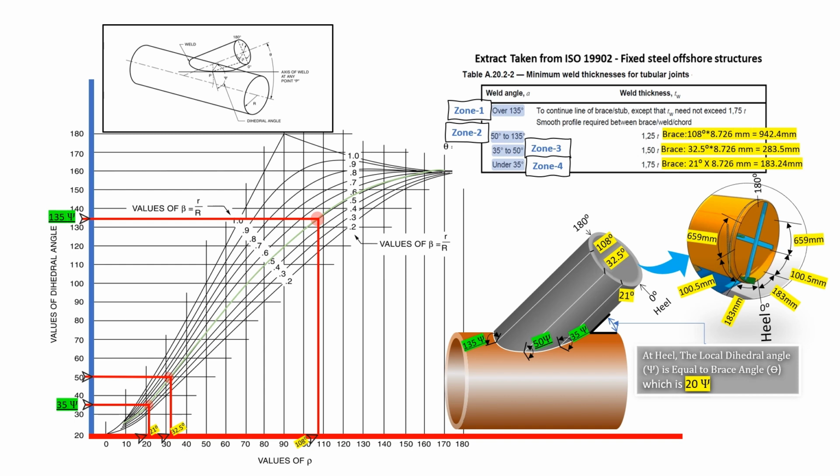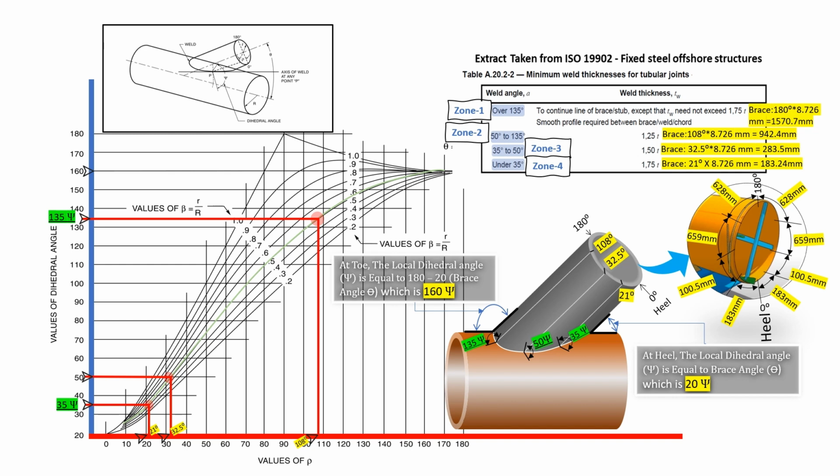Zone 1: from 135 degrees and over, it falls under zone 1. We know that at the toe the local dihedral angle is equal to 180 minus the brace angle. Here the brace angle is 20 degrees, so the resulting dihedral angle is 160.